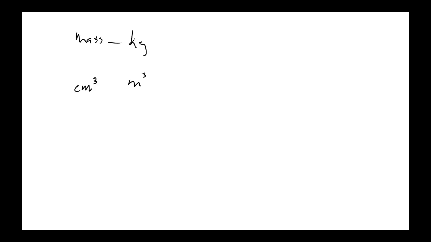Or the volume of this room. Meters here, meters there, meters here. Volume of the room in cubic meters, okay? This is a metric measure, this is an SI measure, okay? Also metric. In U.S. customary, it's usually feet cubed, okay?